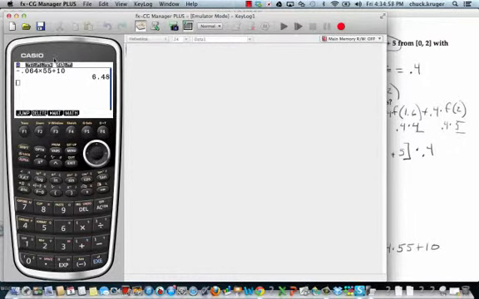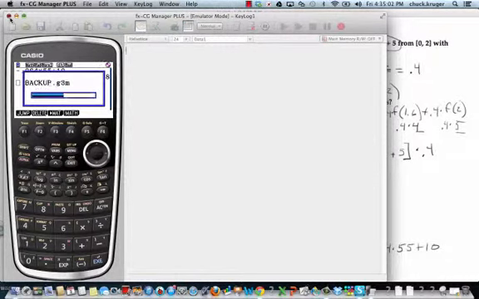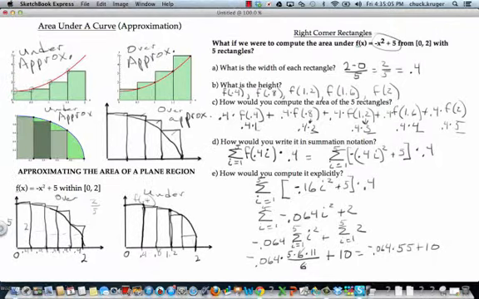And I get 6.48. So my approximate area, if I use right-handed, I'll get 6.48. That's my approximate area. And I know it's an under approximation because I'm underneath that. All right, that ends part 2 on these notes.